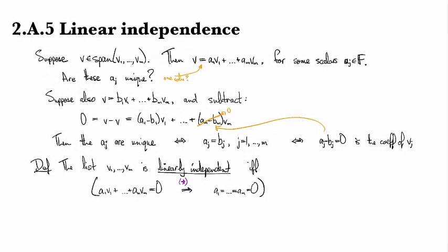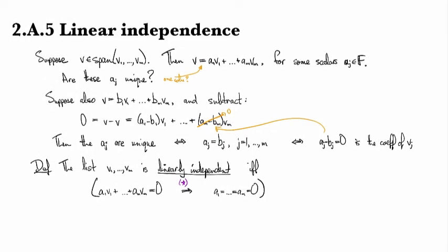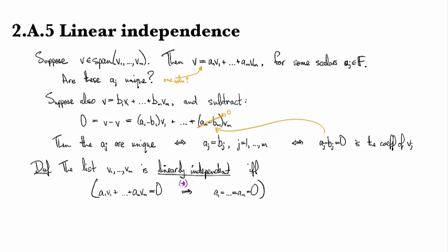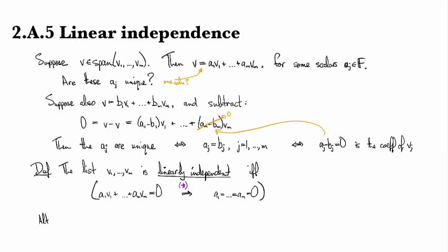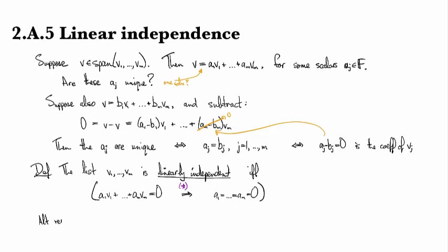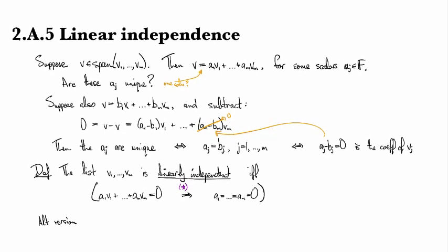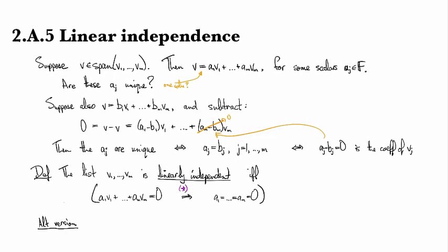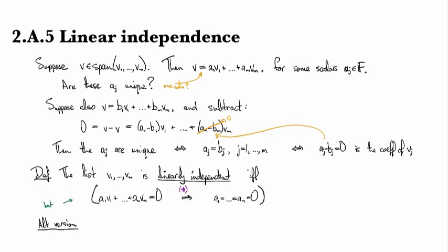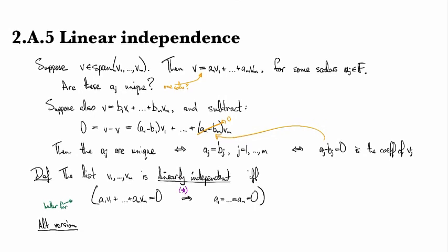Okay, you can also think of linearly independent as being a negative definition. So I'll give you this as an alternative version. But I just want you to notice that this one here is better for proofs.